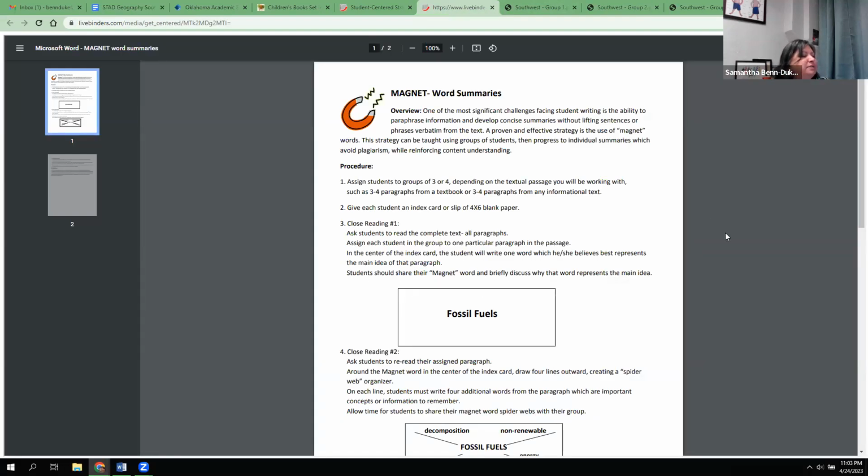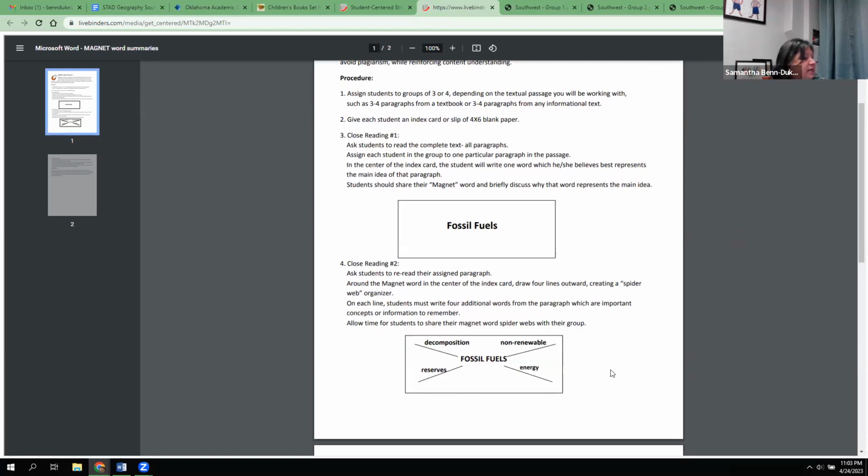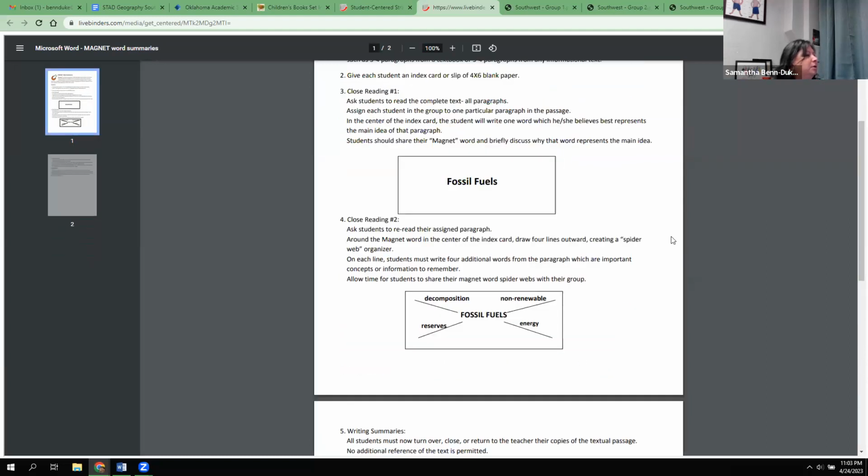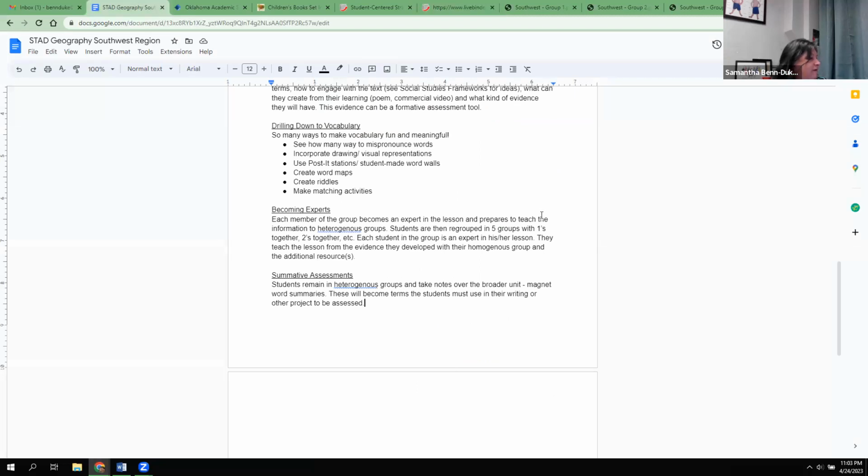I really like this, but with a little modification. Instead of only having 4 stemming out from that, I would have more than 4. We could also do vocabulary mapping, word mapping, things like that. But this is a nice, simple format to use, particularly in a small group of 5.